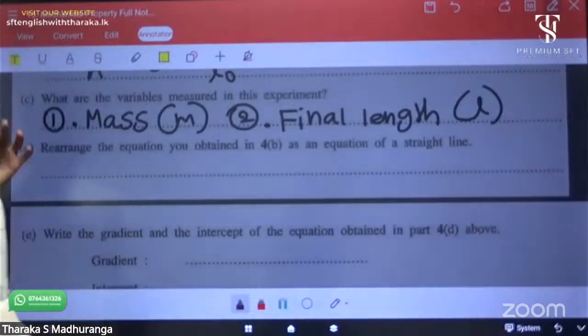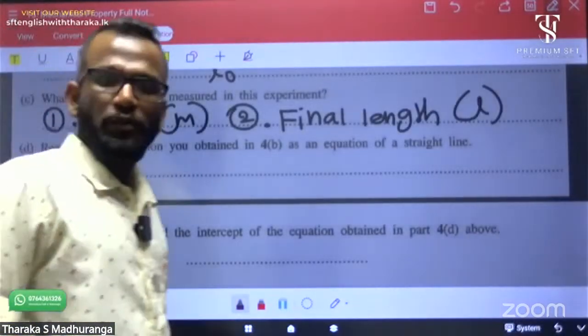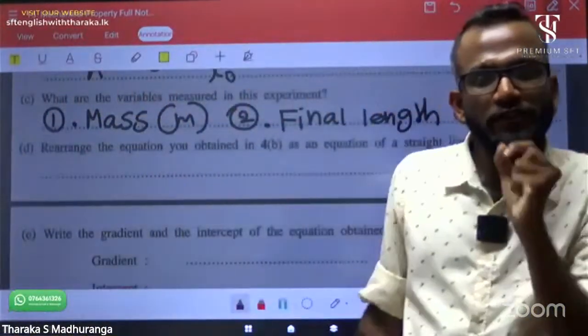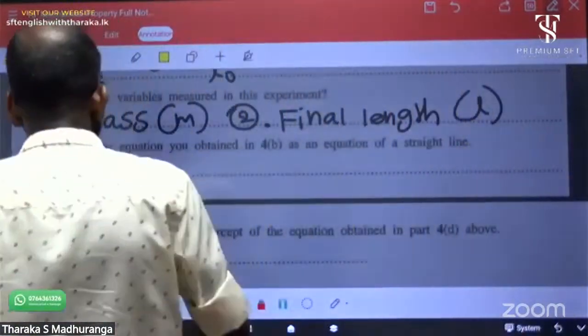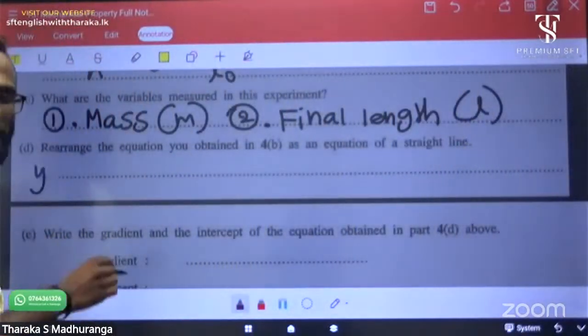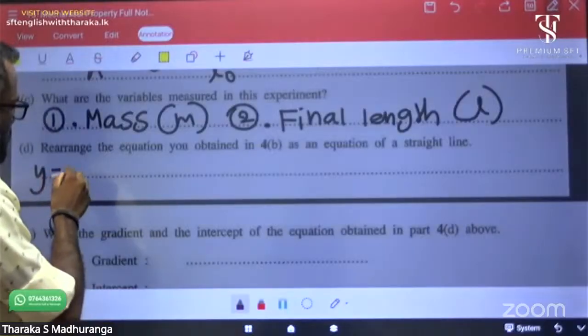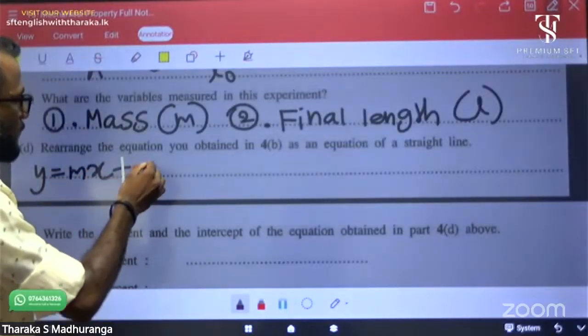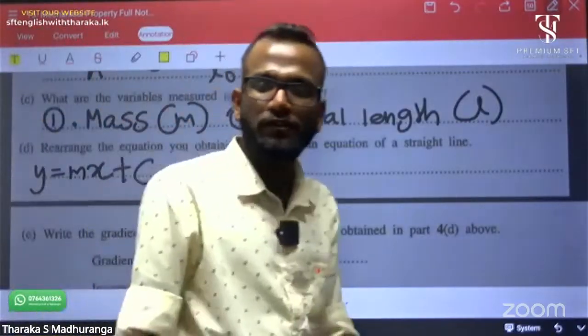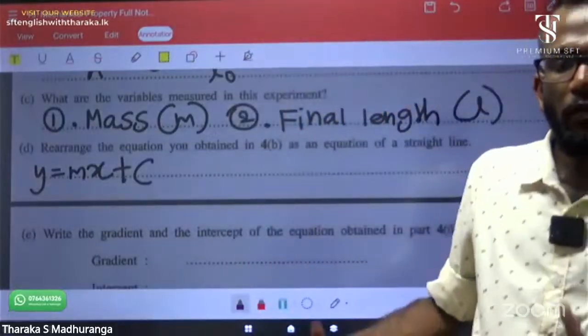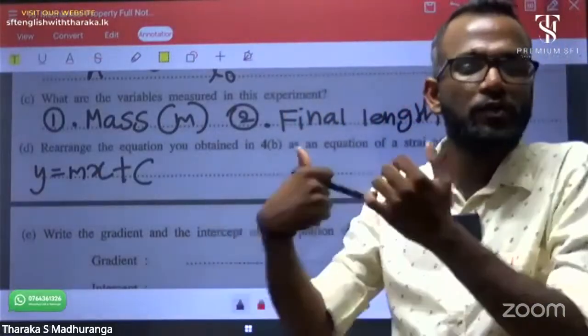Okay, now how to rearrange this? You already know the common equation of a straight line: y equals mx plus c. Now how do we rearrange according to this equation?